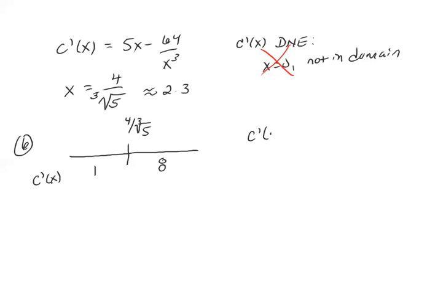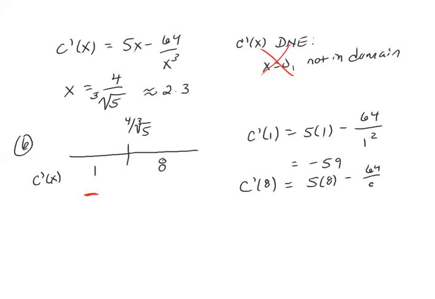C prime of 1 is equal to 5 times 1 minus 64 over 1 squared, which gives me negative 59. All that I really care about is the sign. C prime is negative in that interval. And similarly, if I test 8, C prime of 8 is equal to 5 times 8 minus 64 over 8 squared, which gives me 40 minus 64 over 64, which is 1, which is 39.